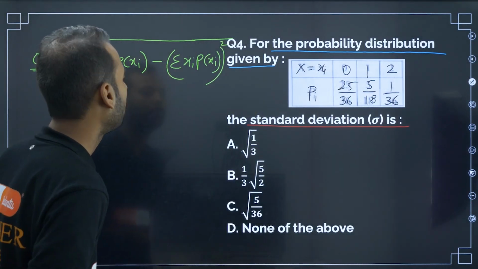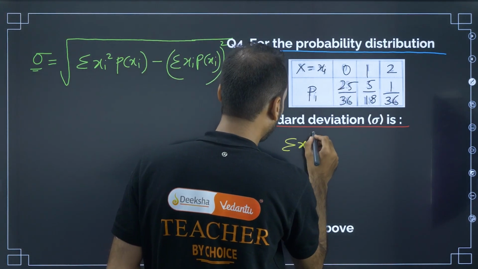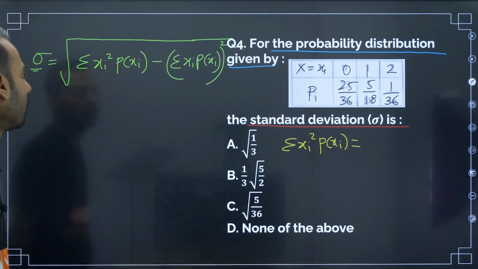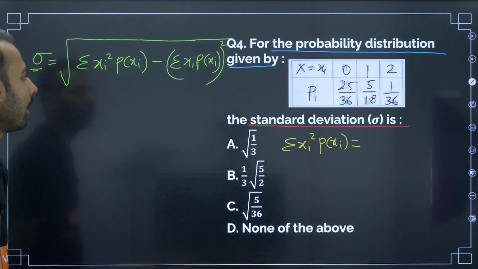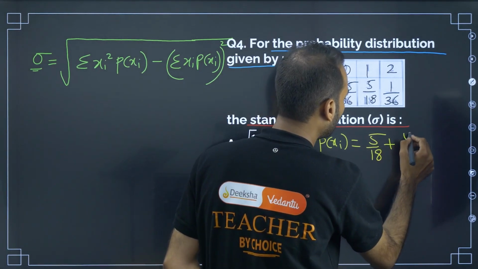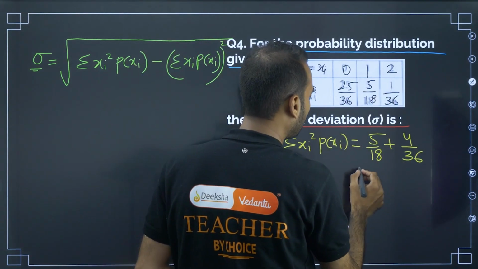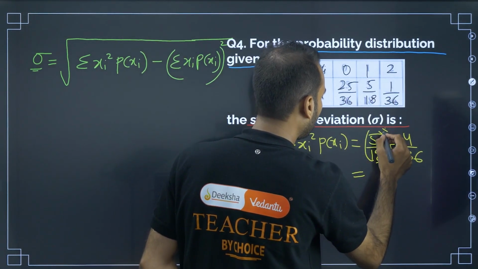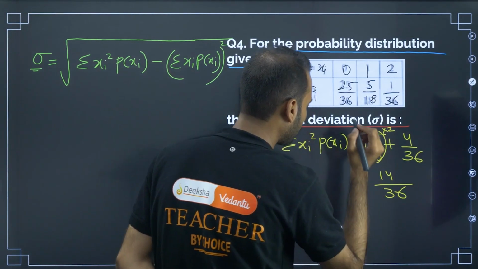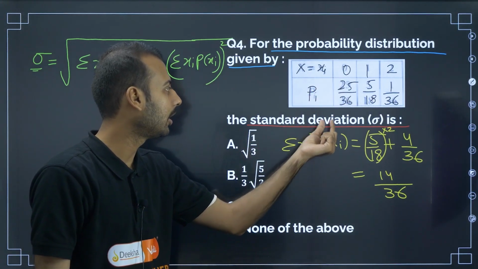Summation xi square p of xi means we have to square xi and then multiply with p of xi.